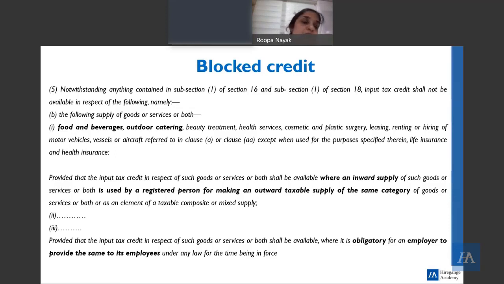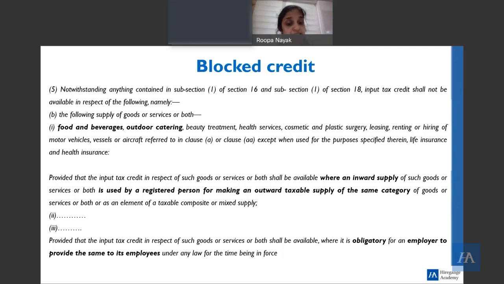So herein it bars or restricts the credit on the following supply of goods or services: food and beverages, outdoor catering. However, it also enables the credit when an inward supply of such goods or services is used by a registered person for making an outward taxable supply of the same category or as an element of a taxable composite or a mixed supply.